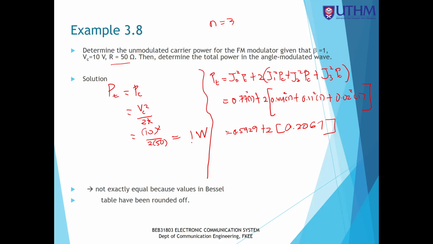Remember PC we already got from here. I just want to compare. If you multiply this by 2 and add 0.5929, you're going to get 1.0051.